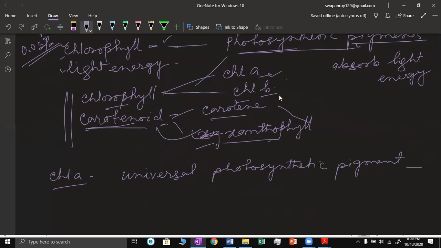The other chlorophylls, that is B, C, D, E, are distributed in different groups of plants. In higher plants, chlorophyll B is there along with chlorophyll A, and it is also present in green algae, that is Chlorophyceae.